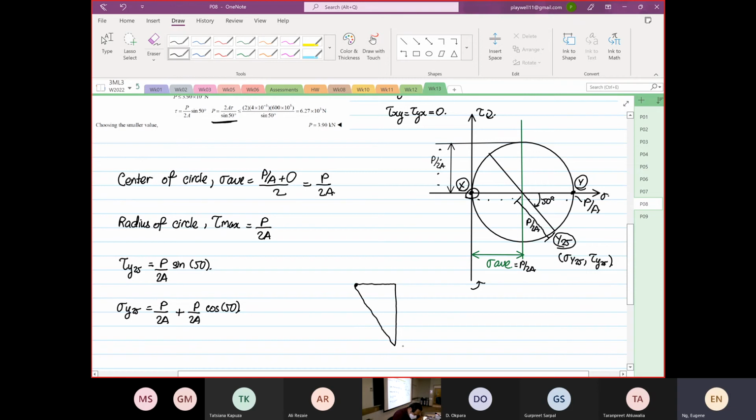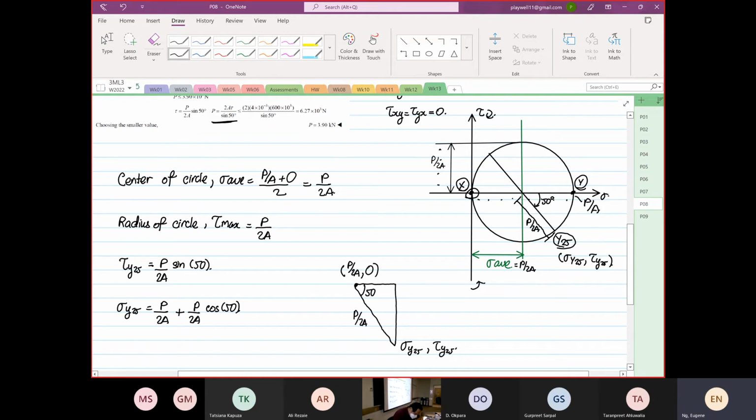So we know that over here, this is your stress Y25, and your shear Y25. We know the starting point is P over 2A and 0, right? So we know that this angle is equal to 50, and this slope is also P over 2A.